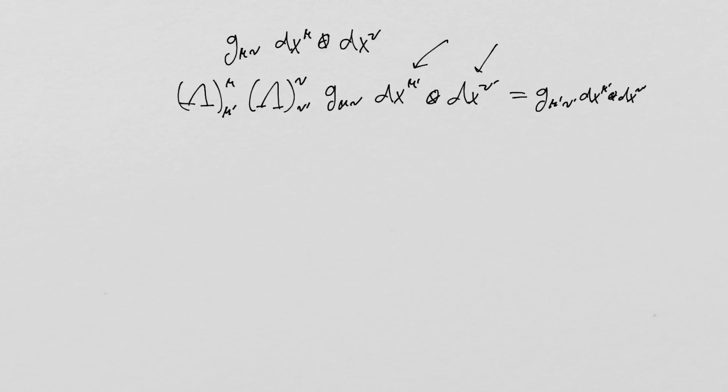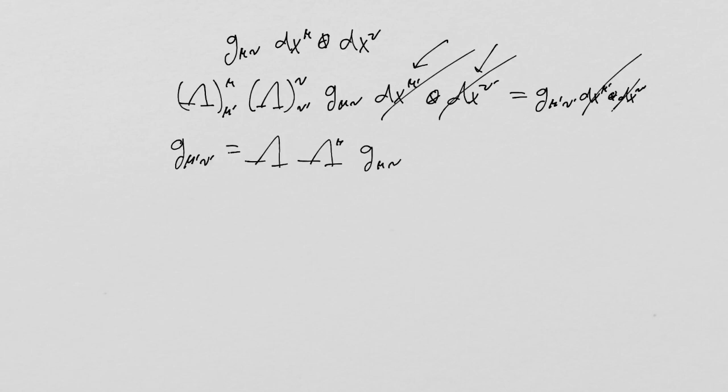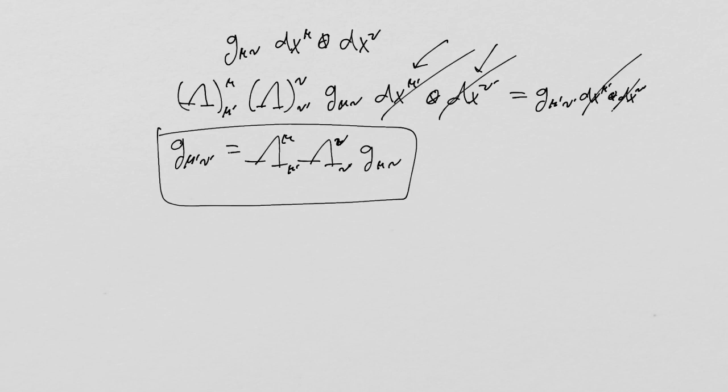And so now we can strip these off, and we'll just look at G mu prime nu prime equals these two covariant matrices times G mu nu. I guess mu nu, mu prime nu prime. So we just look at the straight up transformation of the covariant metric.